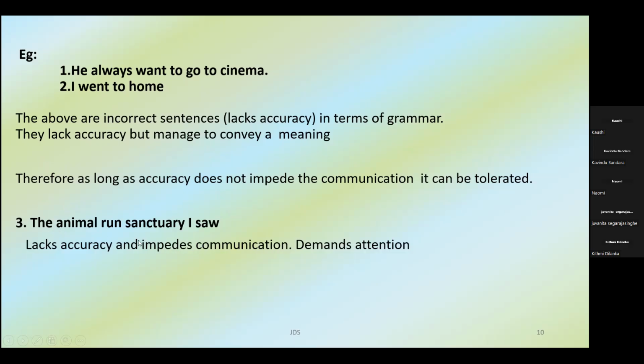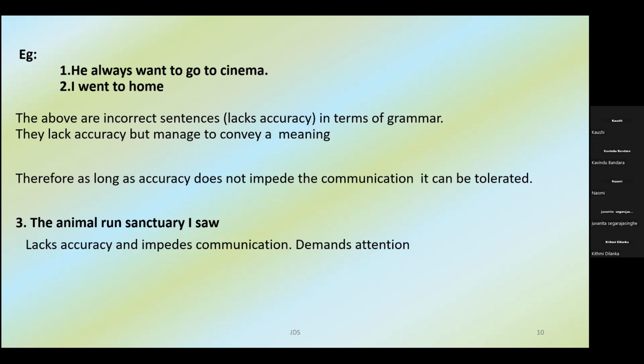Look at the third one. Does it convey any meaningful idea? When you read this sentence, the third sentence, are you able to visualize or are you able to think of any meaningful idea?